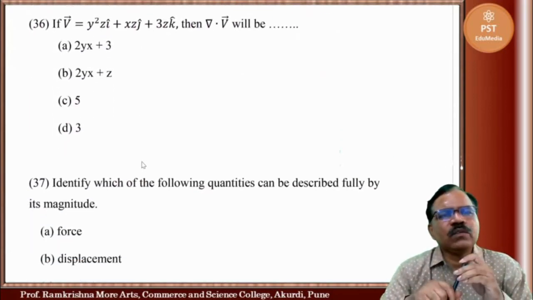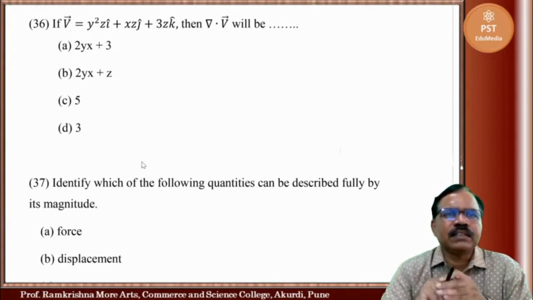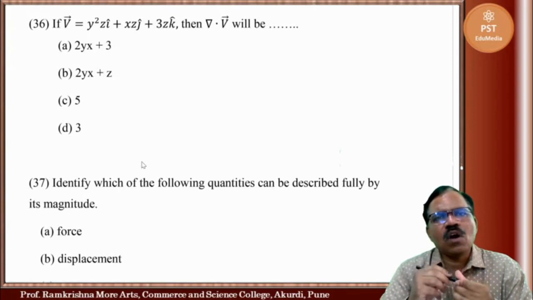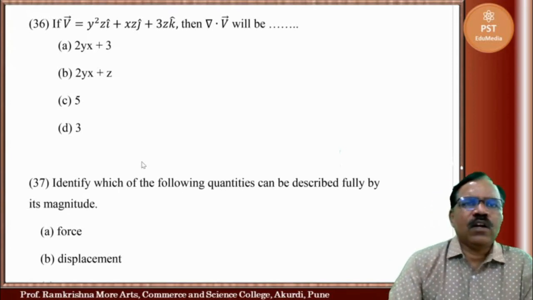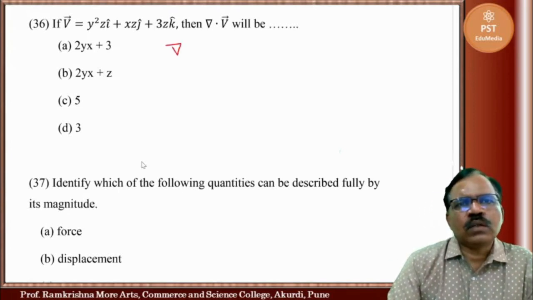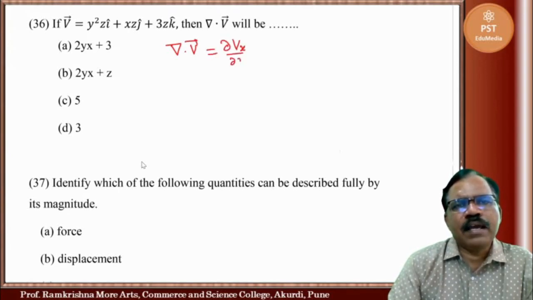If v is equal to y square z i plus xz j plus 3z k, then del dot v is the divergence. So del dot v is equal to dabba vx by dabba x plus dabba by dabba y of vy plus dabba by dabba z of vz.